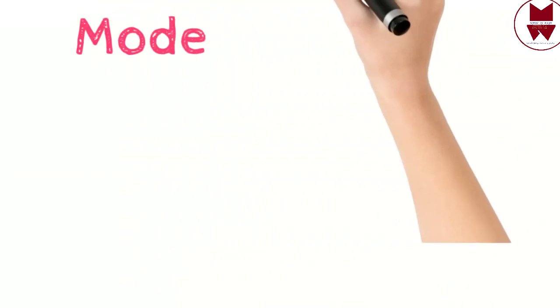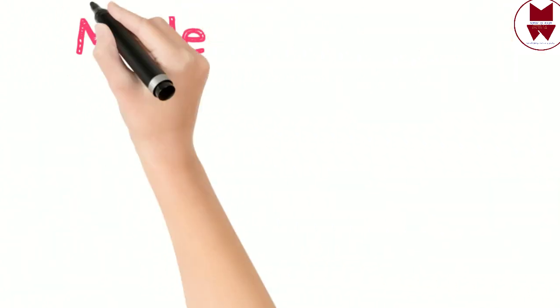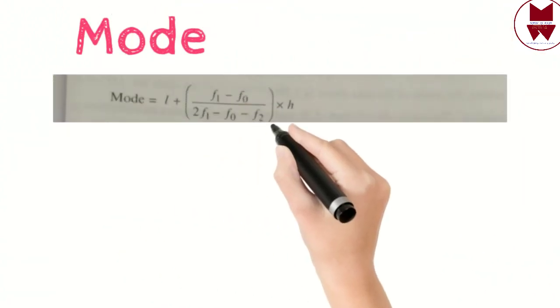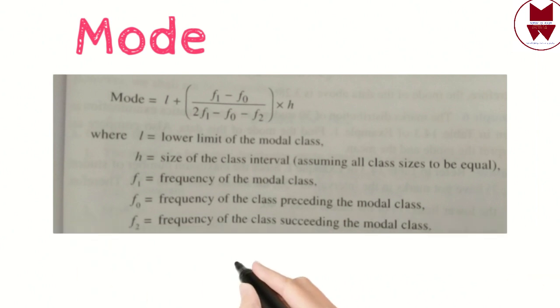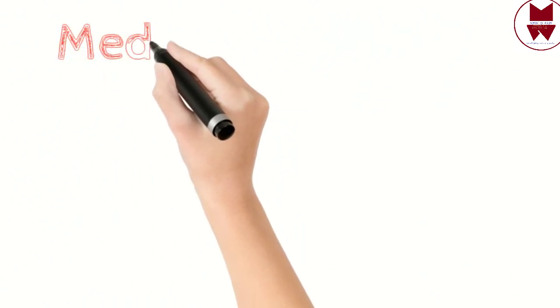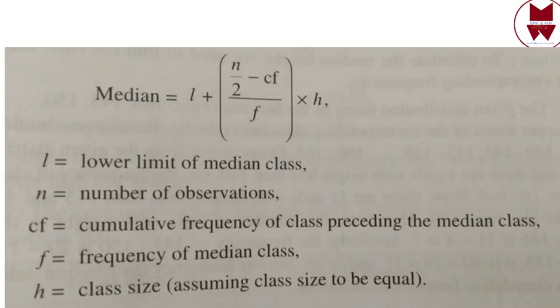Next is mode. For mode also, we use one formula. This is the formula. Next is median. Median equals L plus n by 2 minus CF, divided by f, into h. L means the lower limit of the median class.